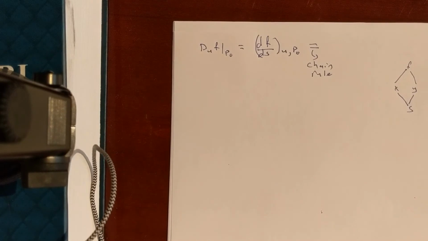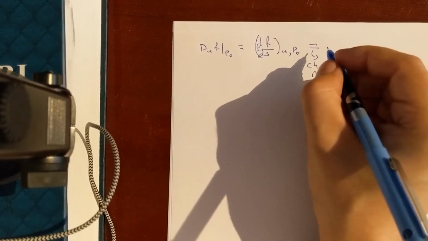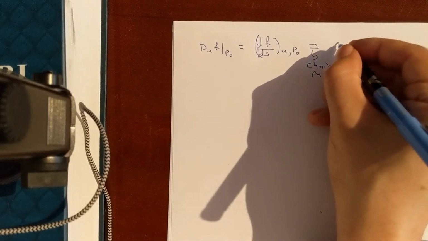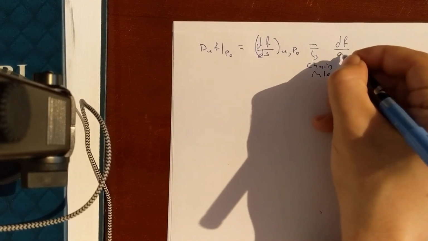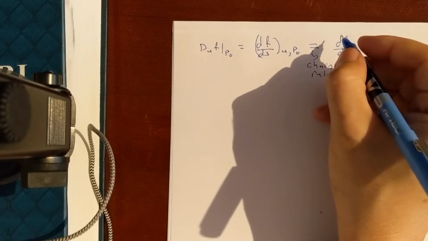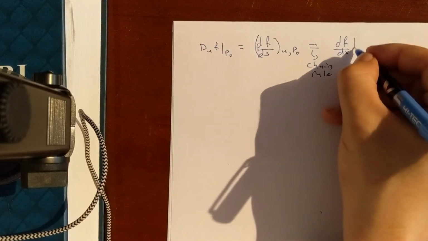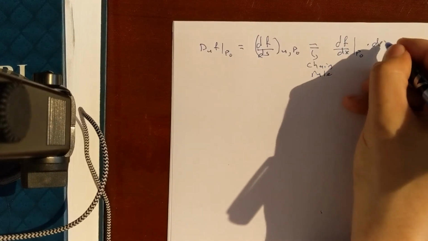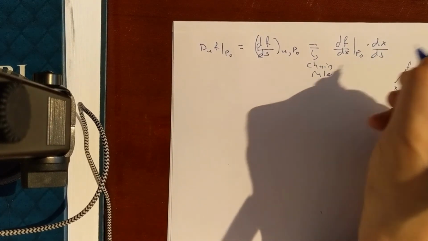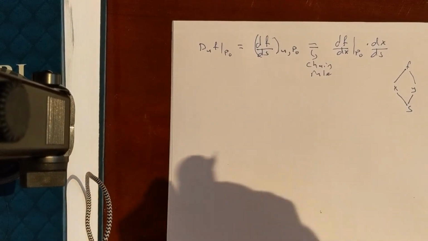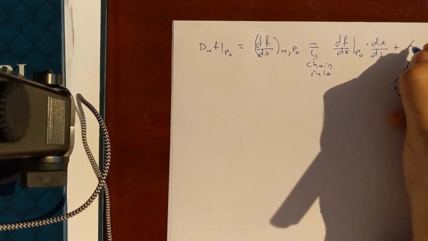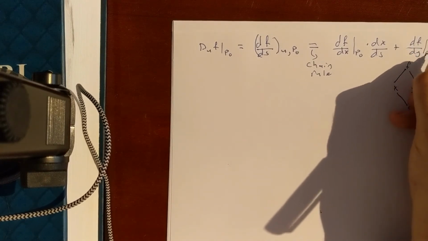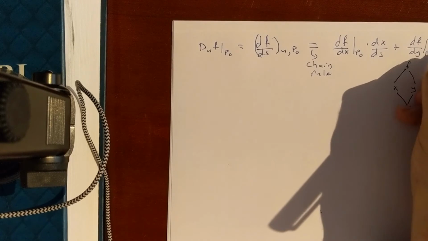So I can say that this is just going to be df dx evaluated at p naught times dx ds, plus df dy, just the chain rule that we saw last time, evaluated at p naught, times dy ds.